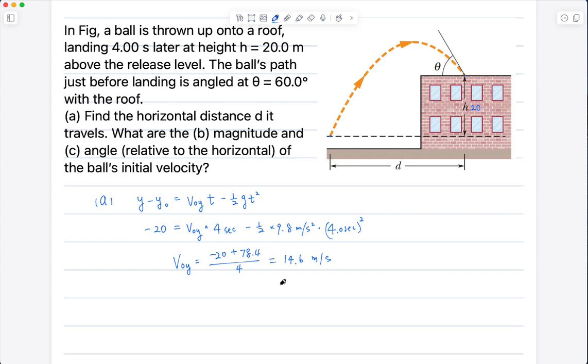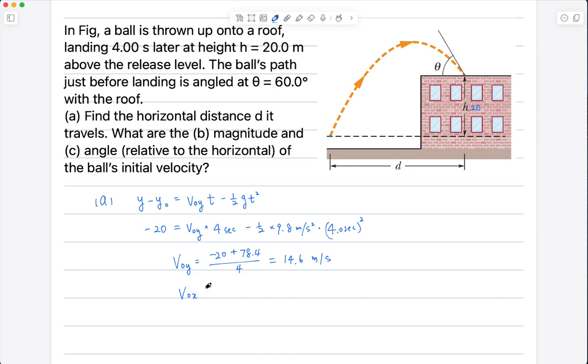We pretend this is the initial velocity in the y component. To find the horizontal distance, we need the horizontal velocity, the x component.